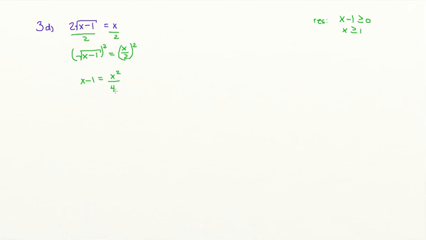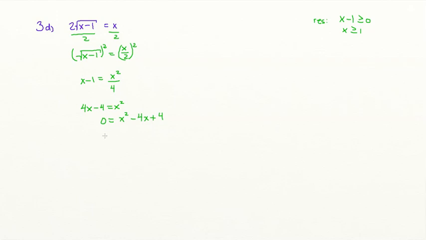Let's multiply both sides by 4. Okay, let's subtract 4x from both sides and add 4 to both sides. Now I've been asked to solve it, so that means I have to find the roots or the zeros.